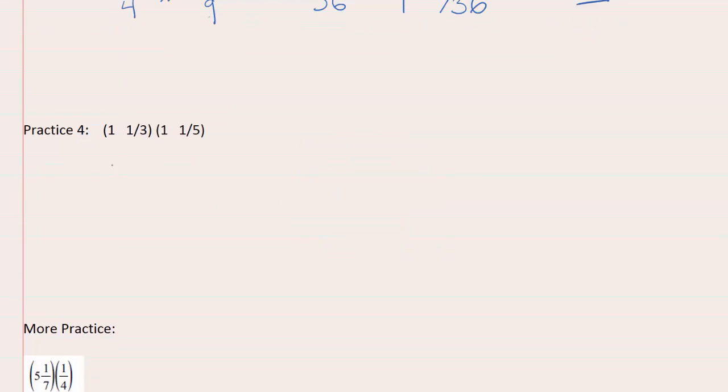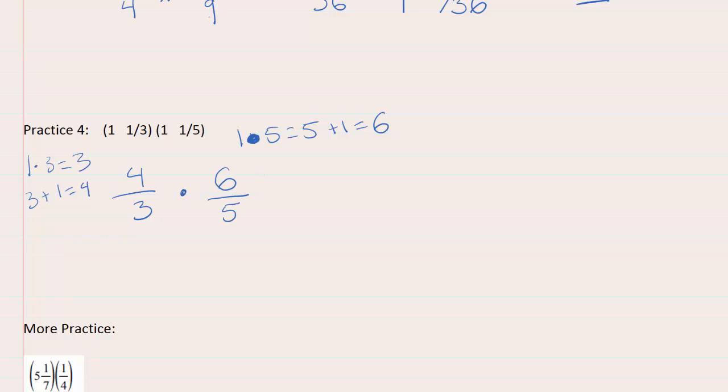Okay, so here I've got 1 times 3 is 3, 3 plus 1 is 4, so I've got 4/3. Over here I've got 1 times 5 is 5, plus 1 is 6, so over here I've got 6/5.